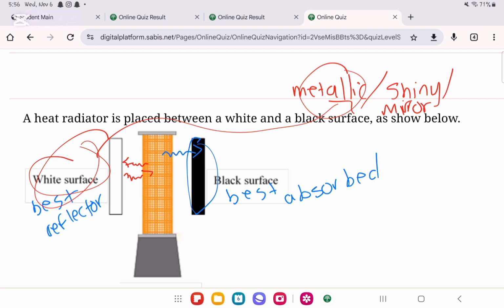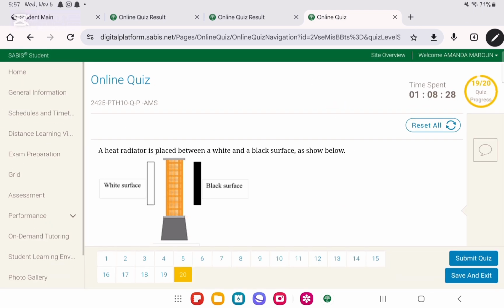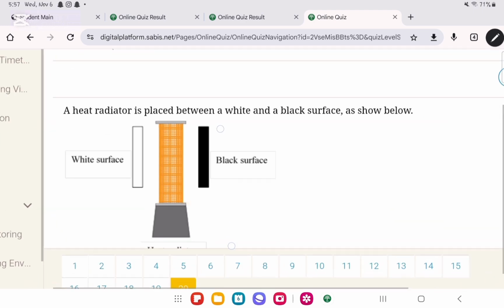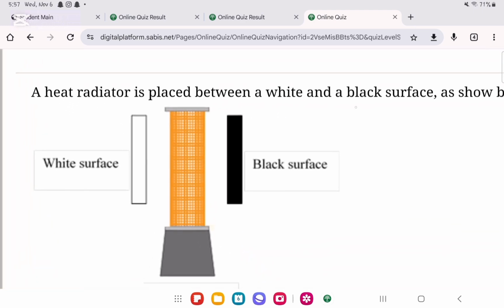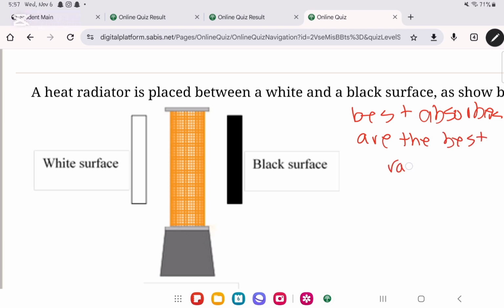Okay, if it does not reflect, for example, a black surface, and instead it's absorbing all the light, then yes, for sure, it is a good absorber and a bad reflector. Remember what we said, the best absorbers are the best radiators.